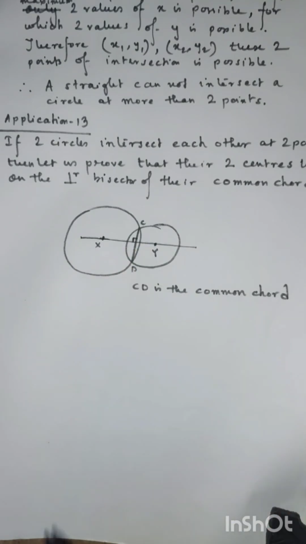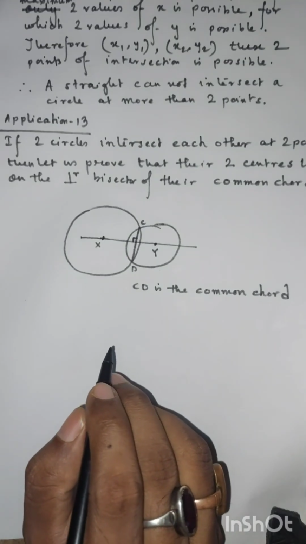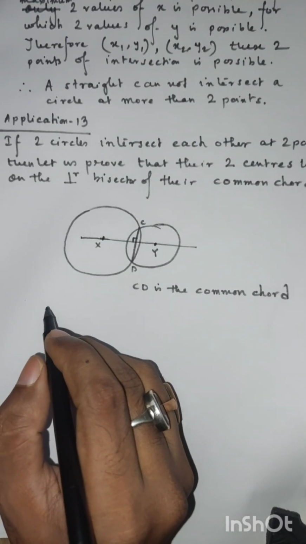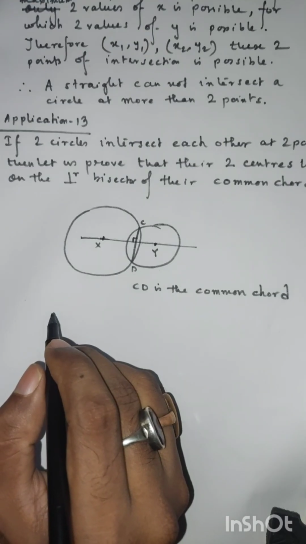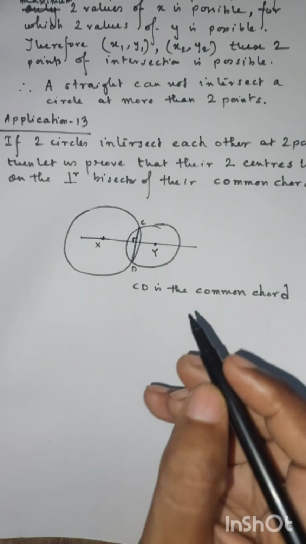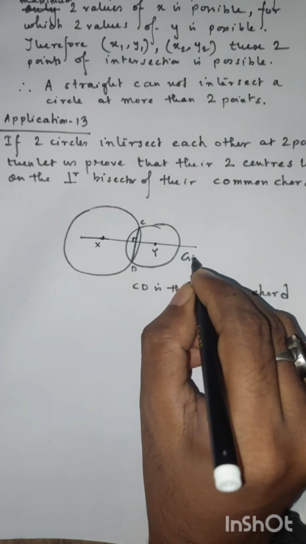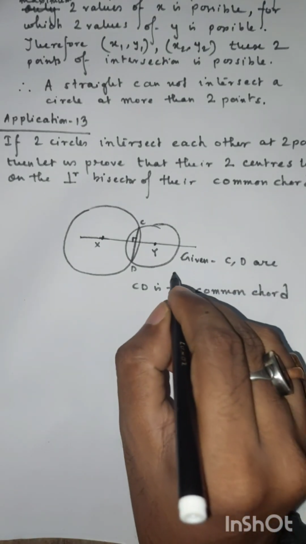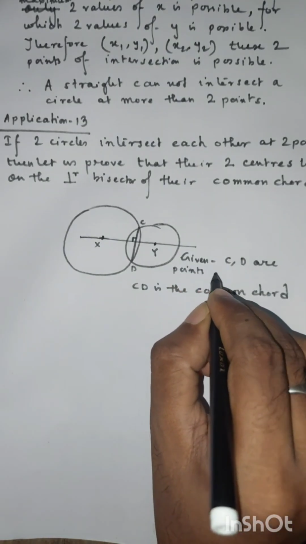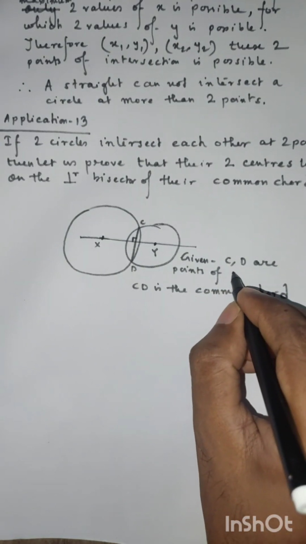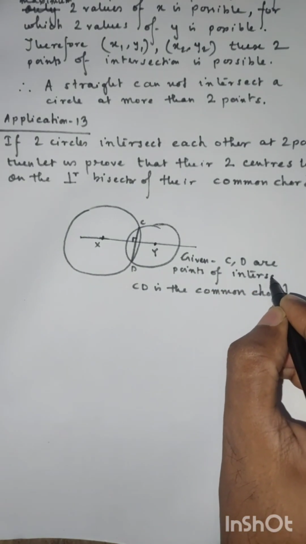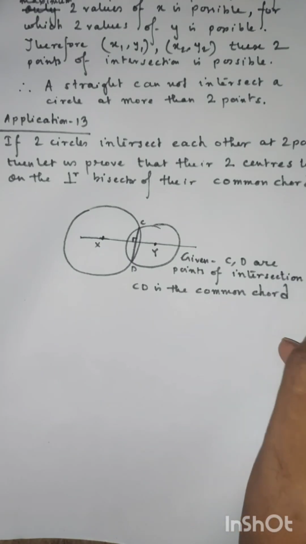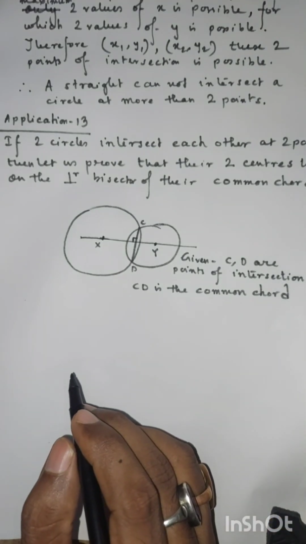Given: C and D are points of intersection and CD is the common chord.